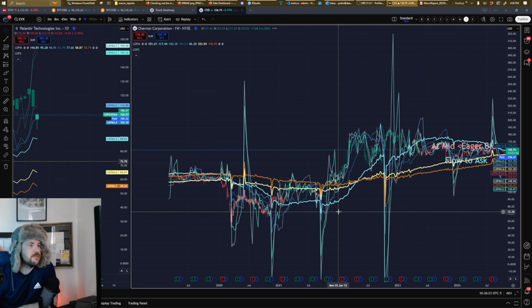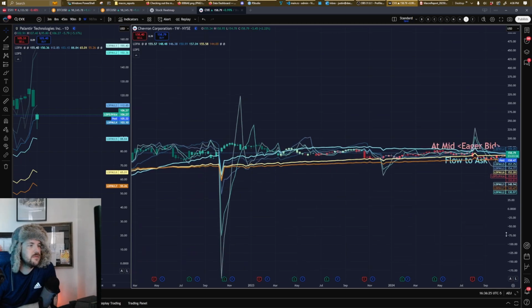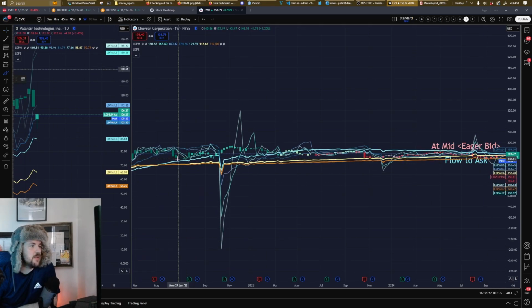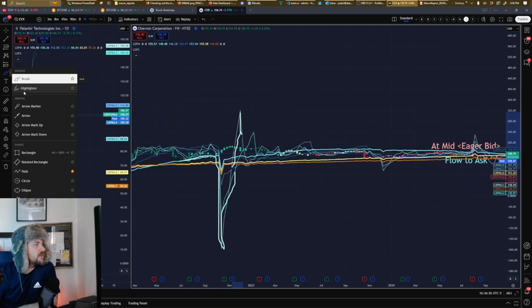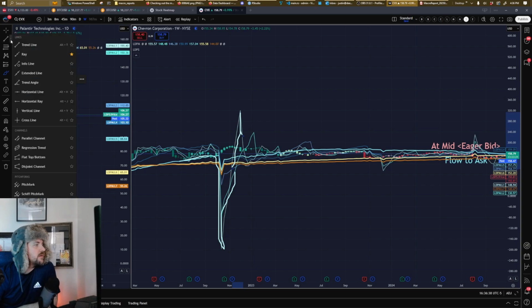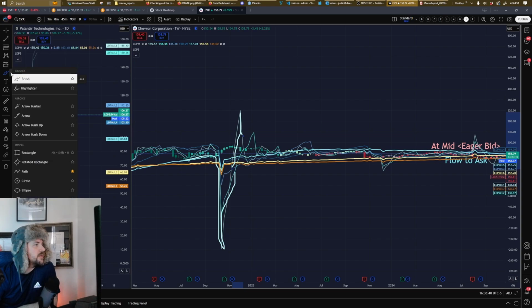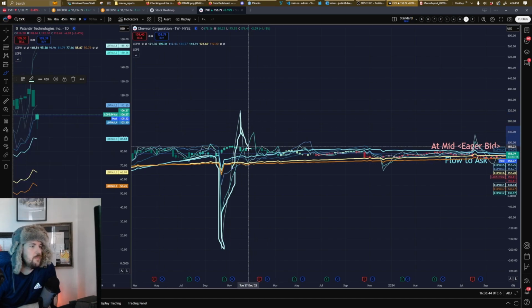So we have prices going along, and then this big bid comes in, but then we have this cascade and it kind of gets smaller.